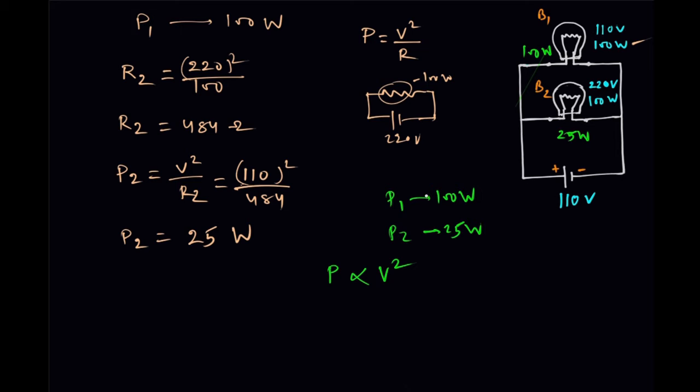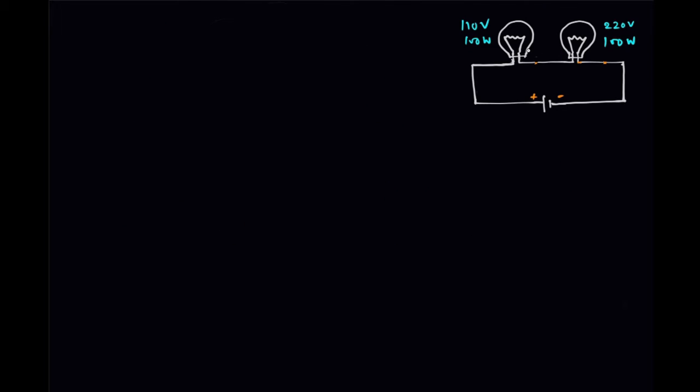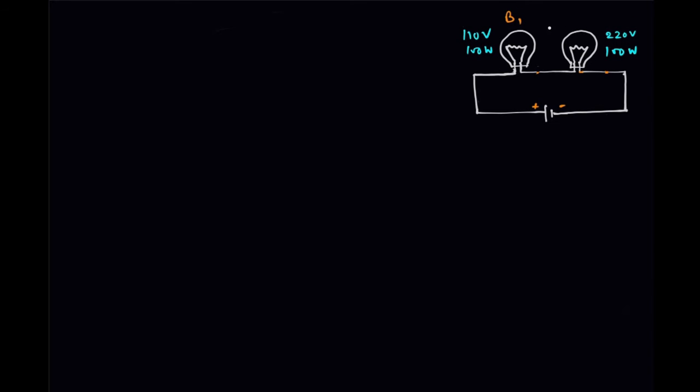Now let us see what will be the power consumption when these two bulbs are connected in series. This is the new configuration when they are connected in series. This is bulb 1, this is V1, and this is V2. These are the two bulbs.